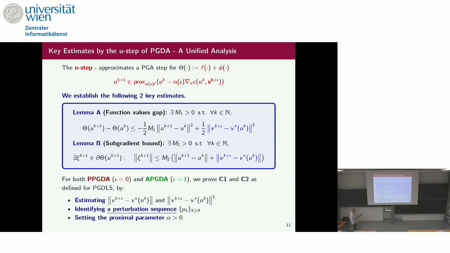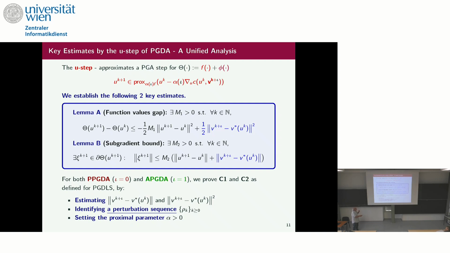Now, when you look at these two inequalities, you can see that this is nice, but this is not, because this is just destroying, for example, the sufficient descent. The same for the subgradient descent. We have this garbage here, which is apparent. So basically, the entire analysis, for both cases, was to try to prove C1 and C2 in the general model.